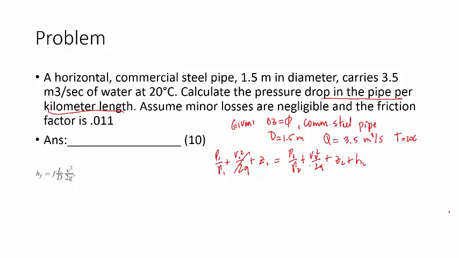So the continuity tells me velocity is the same, elevation is the same, so hL equals delta P over gamma. Now, this then also equals my head losses, and so we have f L over D, V squared over 2g.